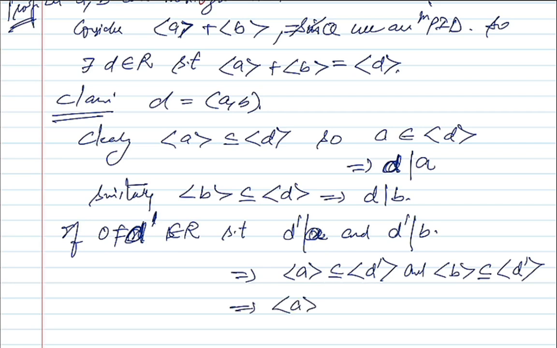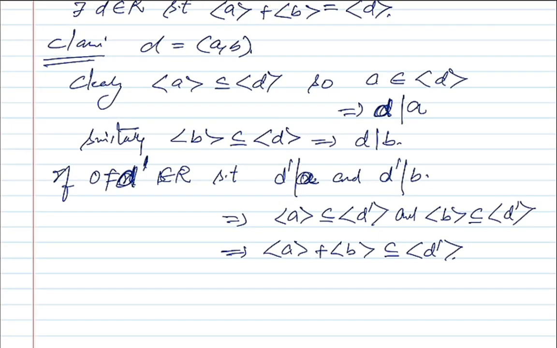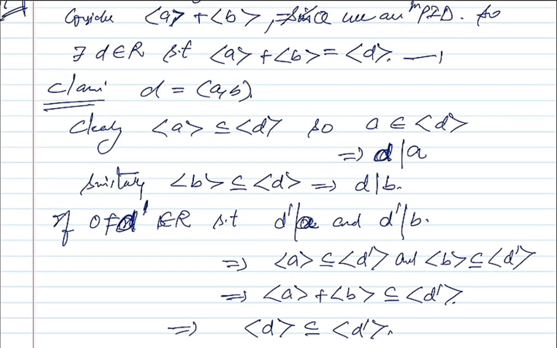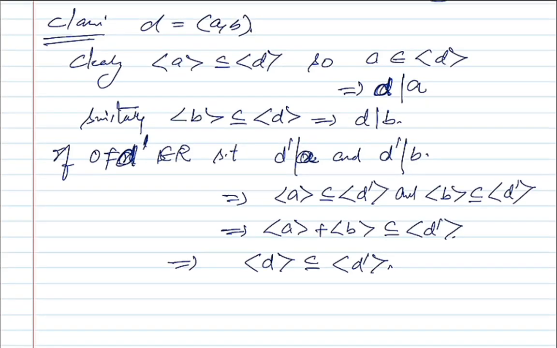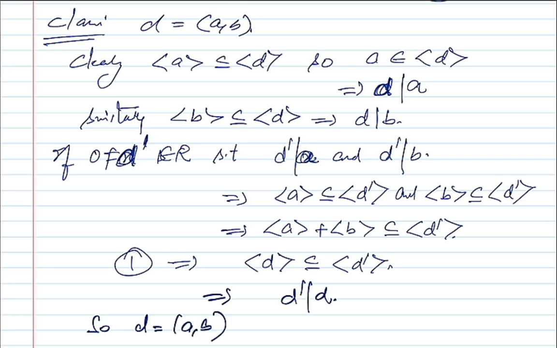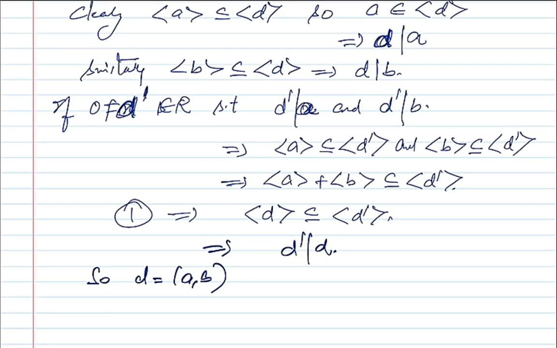So the sum of ideals is contained in the ideal generated by D dash. But that means the ideal generated by D is contained in the ideal generated by D dash, from equation number 1. But this is only possible if D dash divides D. So D is the GCD of A and B.